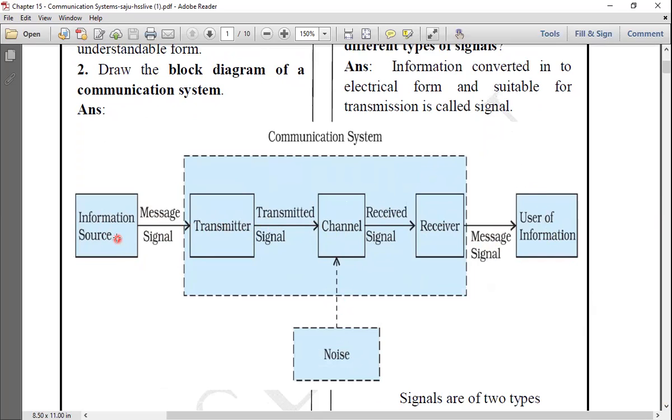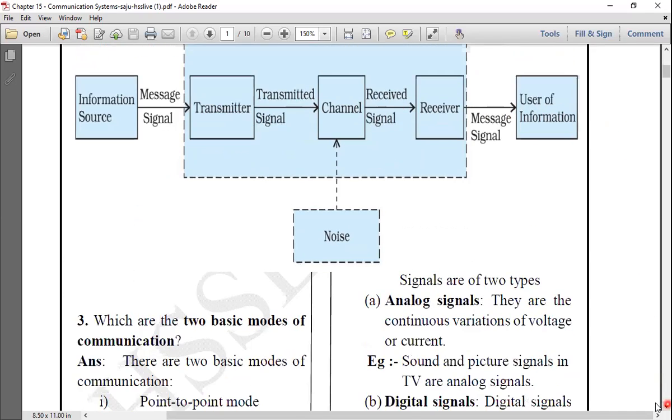For example, when you are talking via telephone, that is landline, there should be some signal, that is message signal, which is transmitting through the wire. Then everything is getting converted, and then again at receiver end, the signal will get converted into user understandable language. Understood?